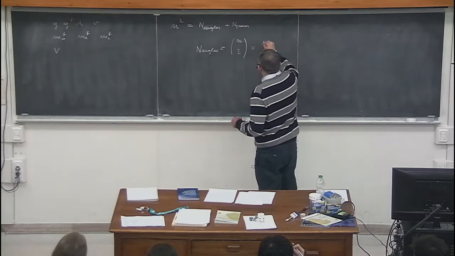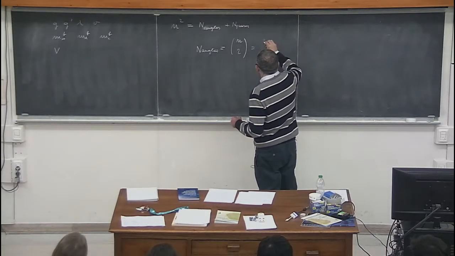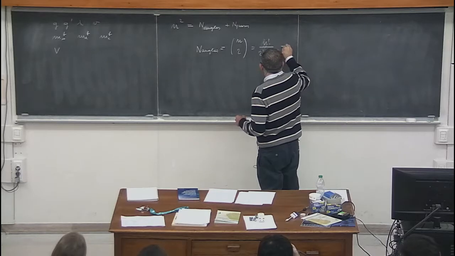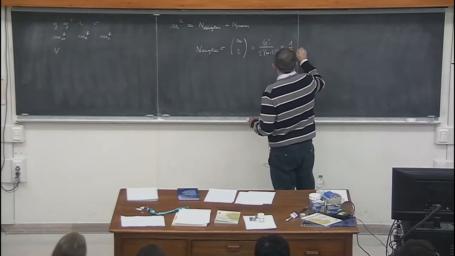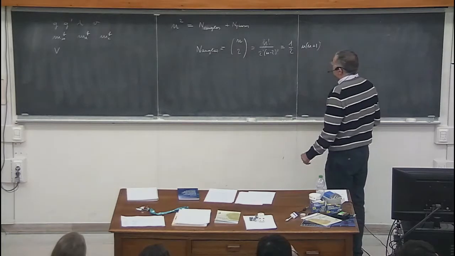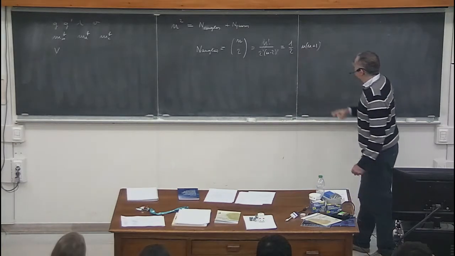So the number of angles is 1/2 n times n minus 1.